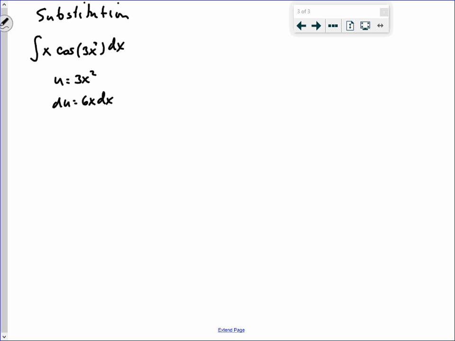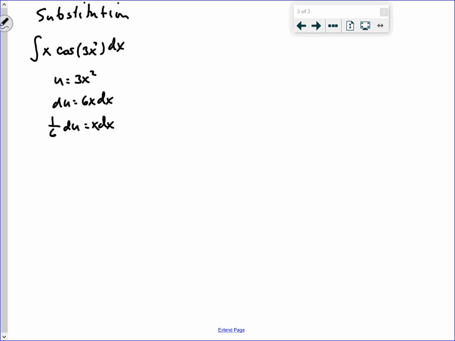Now, we don't have a 6x dx, but we do have an x dx. Different people do things different ways, but the way I like to do it is to make my substitution exactly match what's inside the integrand. I have an x and a dx, and that would be 1/6 du. Some people would multiply on the inside by 6, on the outside by 1/6.